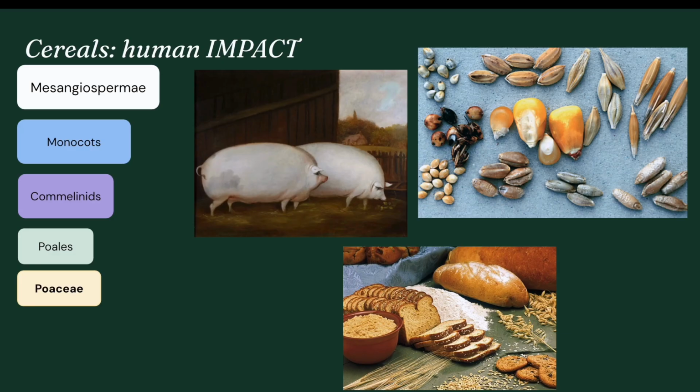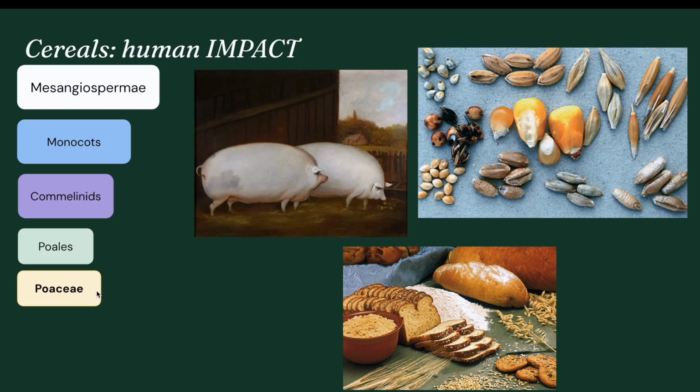Okay, so we've talked a lot about plants that are relevant to humans, whether by being yummy or by making us high. But anyways, I feel like no plants are more important or have had a bigger impact to humans than some of these cereals in the grass family, Poaceae.